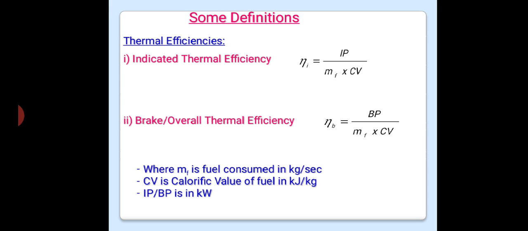Brake thermal efficiency is equal to bp upon mf into cv. We can clearly see over here, in case of the indicated thermal efficiency, we consider indicated power, and in case of the brake thermal efficiency, we consider the brake power.